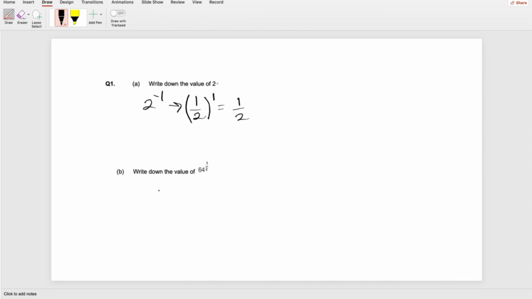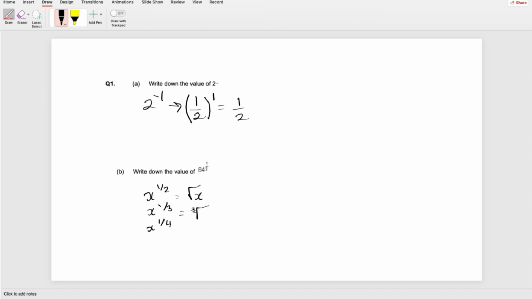Next question. Write down the value of 64 to the power of half. So 64 to the power of a fraction with a numerator 1 means that it's a root of a number. For example, x to the power of half is square root of x. X to the power of a third is cubed root of x.